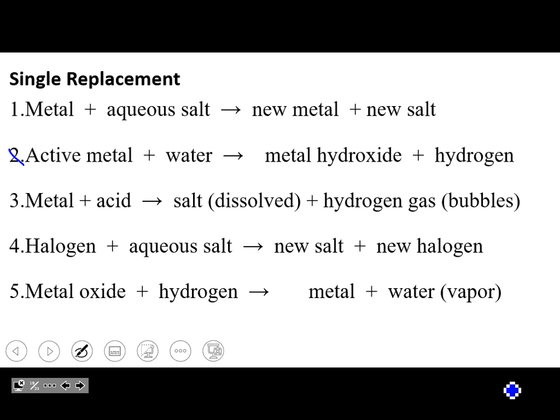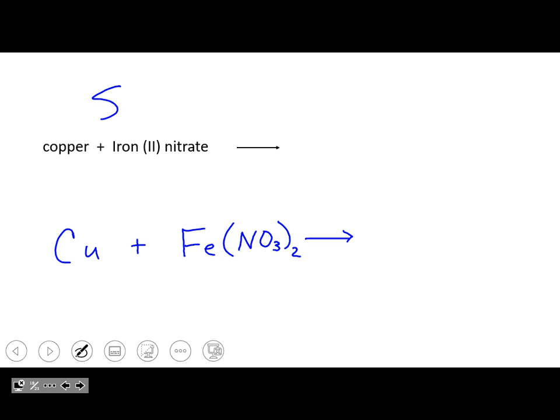I don't have water, I don't have an acid, I don't have a halogen, and I don't have a metal oxide and hydrogen. So this has to be single replacement number 1.